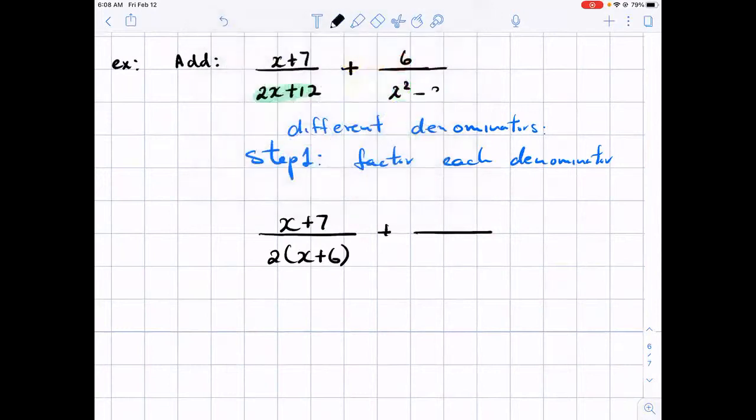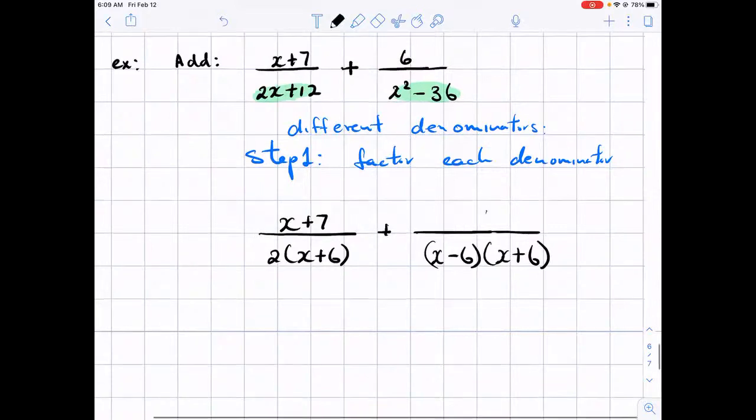Make it x squared minus 36. So now we can factor that denominator as x minus 6 times x plus 6, because it's difference of squares, right? X squared minus 6 squared. And the numerator stays the same as 6.